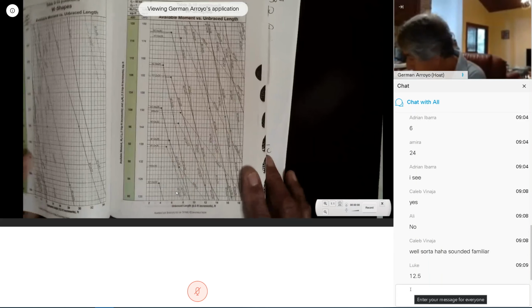And remember, look at this in here. What is this value for W12 by 53? What is this value in here? Anybody, what is this value in here? When we go down.